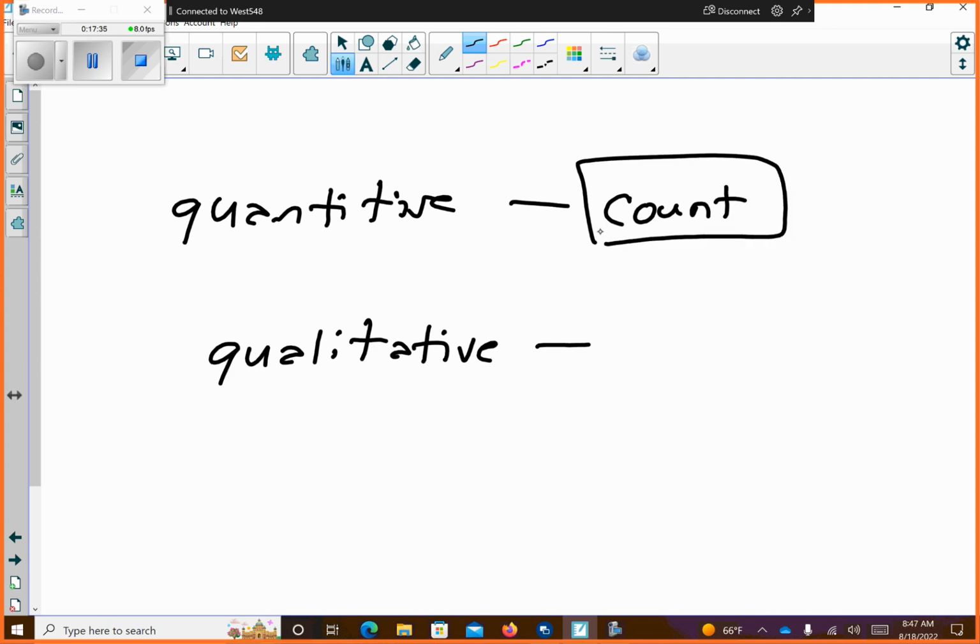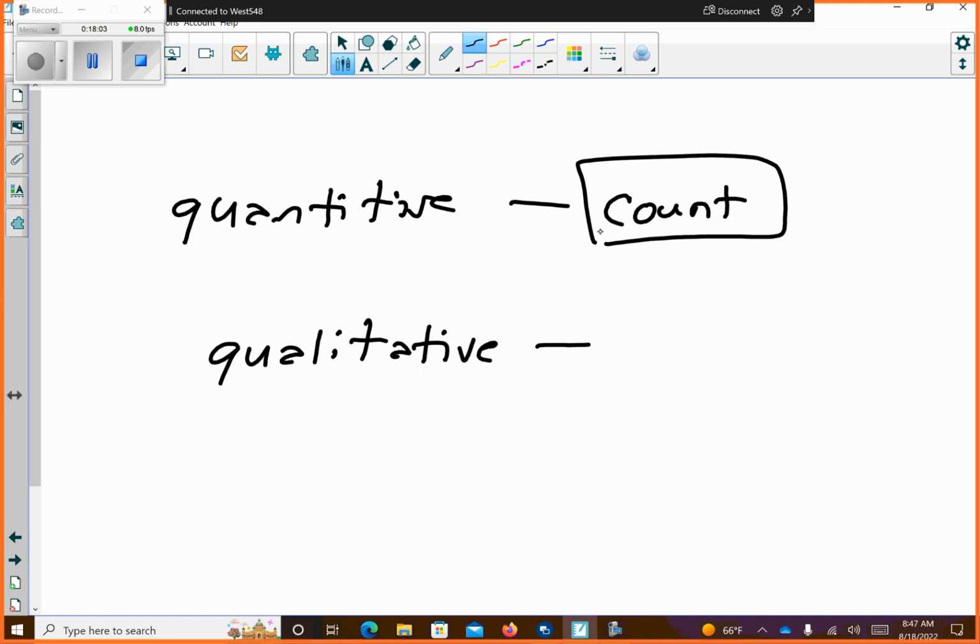Okay, qualitative, take a look at what that next little paragraph says. Second one up from the bottom on that page 1. What's the main thing there in the parentheses it says? Category. Blonde hair, brown eyes, earrings, no earrings, red shirt, black shirt, green shirt, orange shirt.